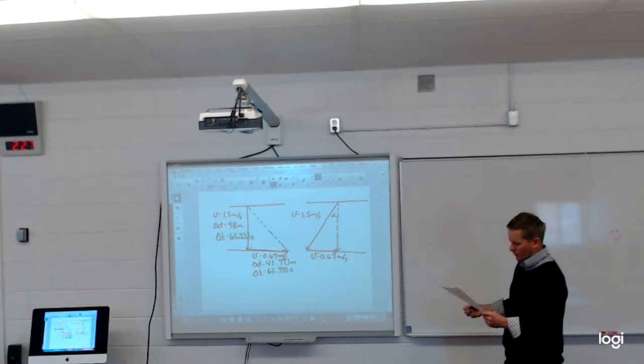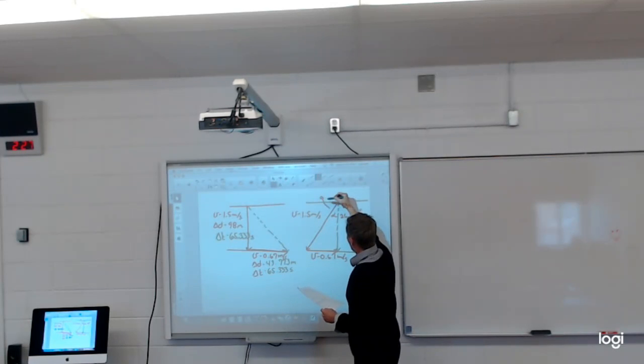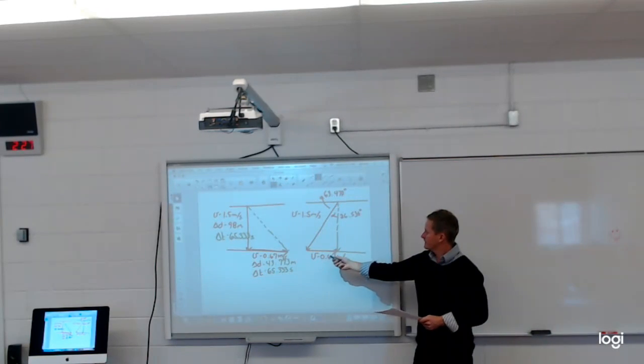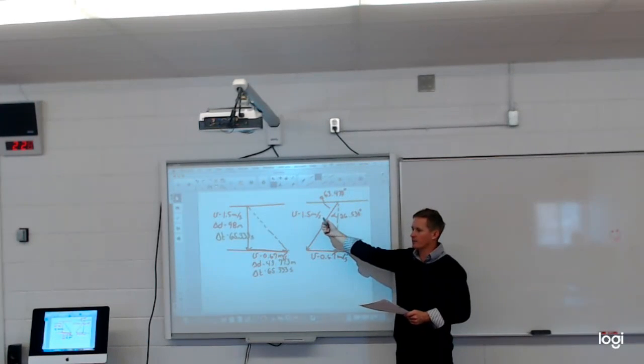Okay? So this angle right here was 26.530 degrees. And then this angle relative to the shore is the one it's looking for, is the complement of it. So 63.470 degrees. How did you find it? Sine inverse of 0.67 divided by 1.5.